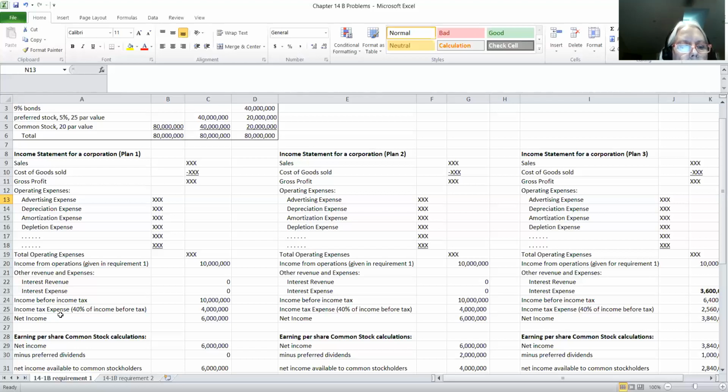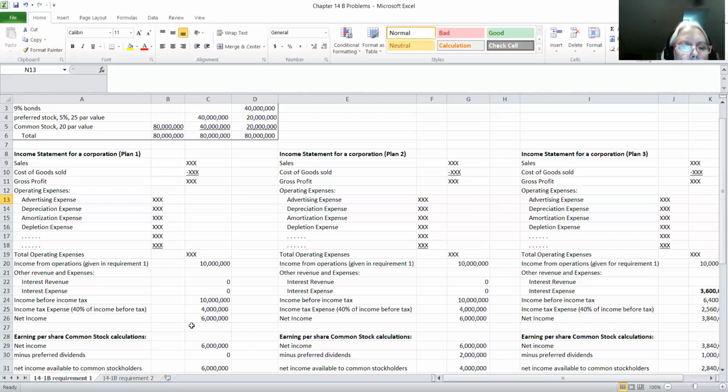The income tax expense is determined by multiplying the tax rate times the income before income tax, and that will give you the expense. But in the real world, this amount here would come from your tax return that you fill out. The difference between your income tax expense and your income before income tax will give you the net income.